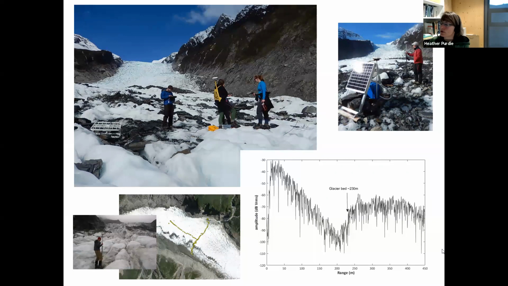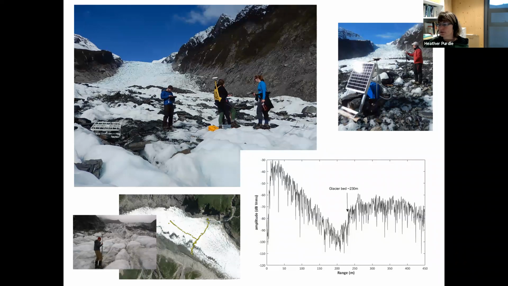Yes, they did. Through that central portion, we got really nice returns, like the example we've given here. Through the very central portion, also really good returns. In general, they were really nice and strong. But certainly as we got out onto these outer edges, the bed return was definitely not as strong.